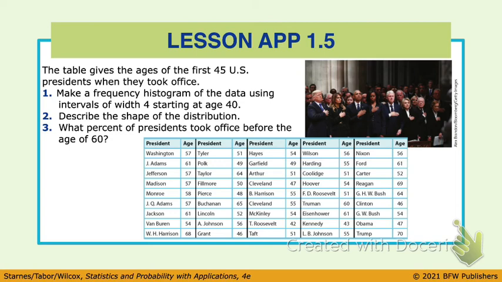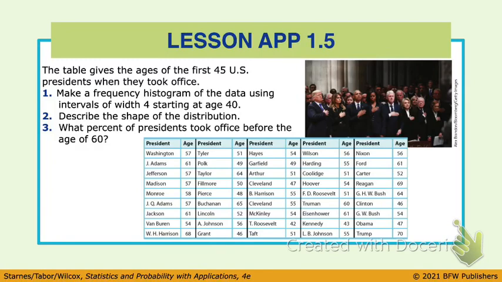On your x-axis, you should have 40, 44, 48, 52. And because this is a frequency histogram, what's going to go on your y-axis? The numbers, the counts, or the frequencies. Once you make your histogram, describe your shape, and then find what percent took office before the age of 60. I'm going to let you work on that. Let me know if you have questions.